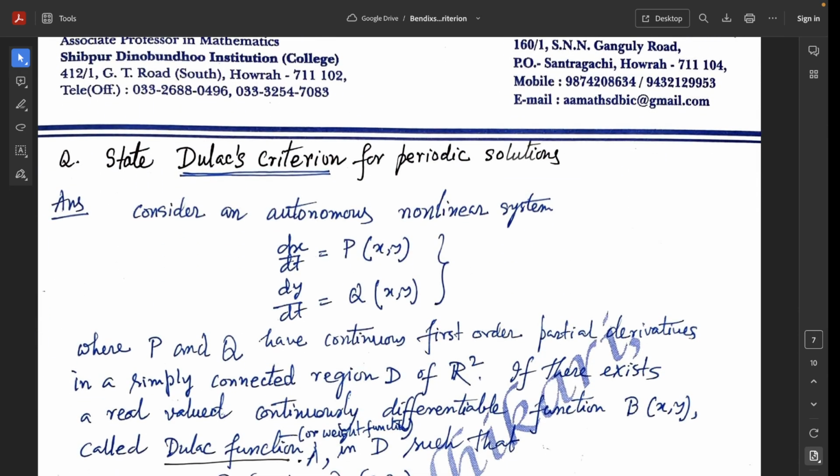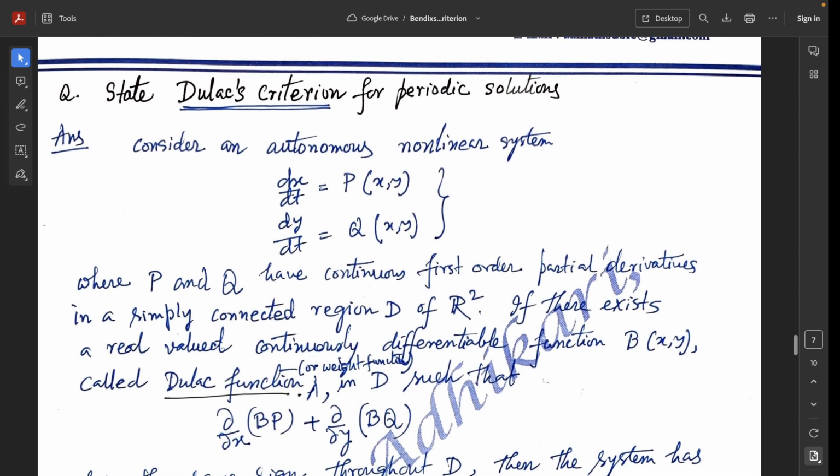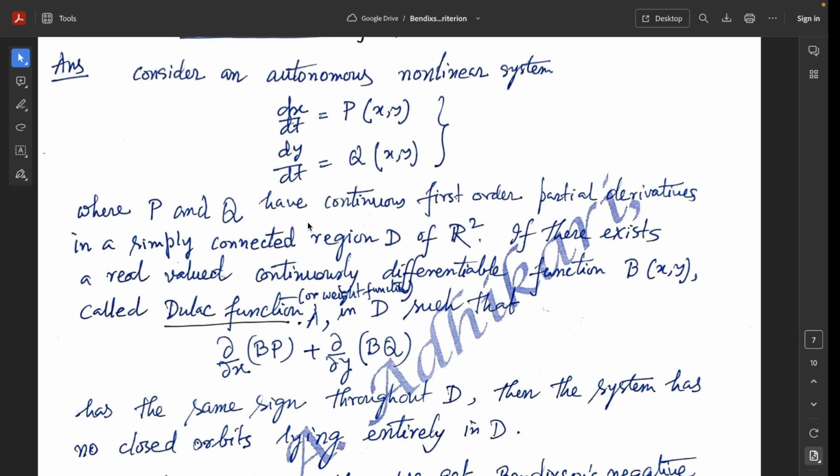Next, state Dulac's criterion for periodic solutions. Consider the autonomous nonlinear system dx/dt equal to P(x,y), dy/dt equal to Q(x,y). P and Q have continuous first order partial derivatives in a simply connected region D of R2.